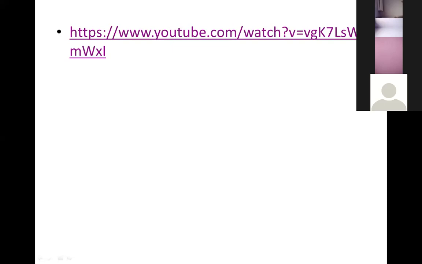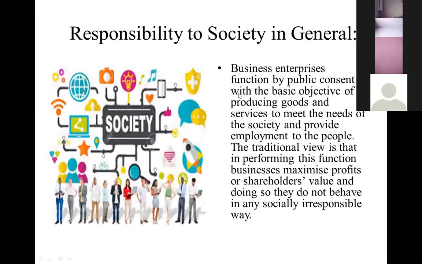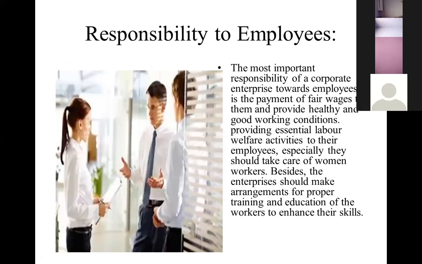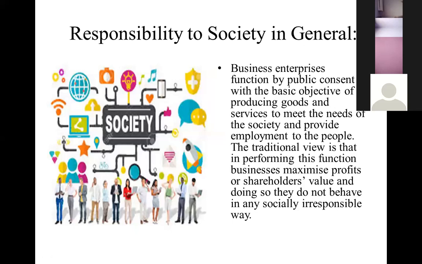Okay. So when you watch that video, you can understand the main concept of this responsibility to society in general. Please mute. So see, this is what they are saying about business enterprises, not necessarily a big business.